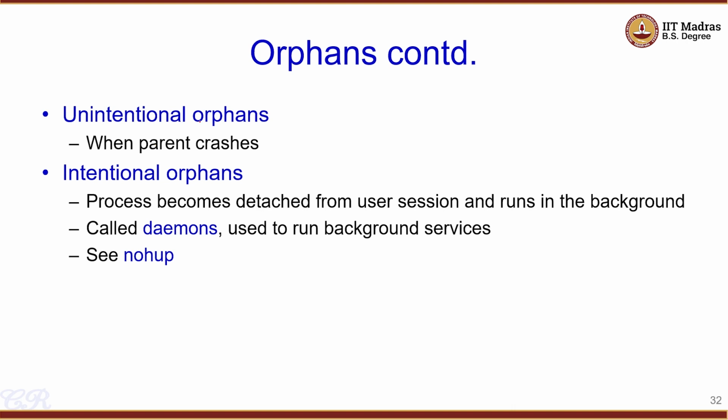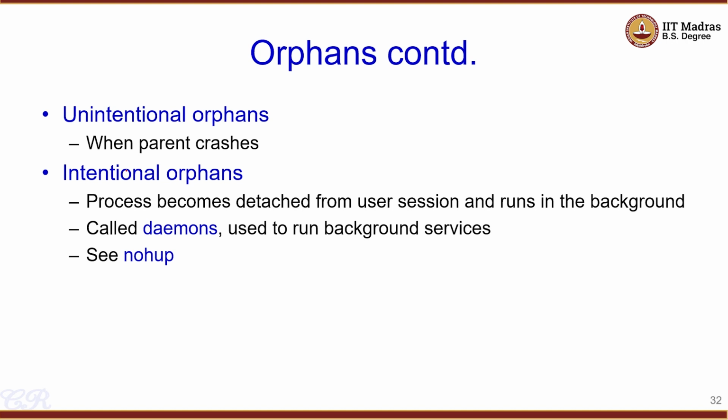One is unintentional orphans, when the parent process crashes, maybe due to a bug or a problem, or is killed, as mentioned earlier, by the operating system or by another process. The other way is intentional orphans, where the parent process exits but wants the child process to continue to execute.